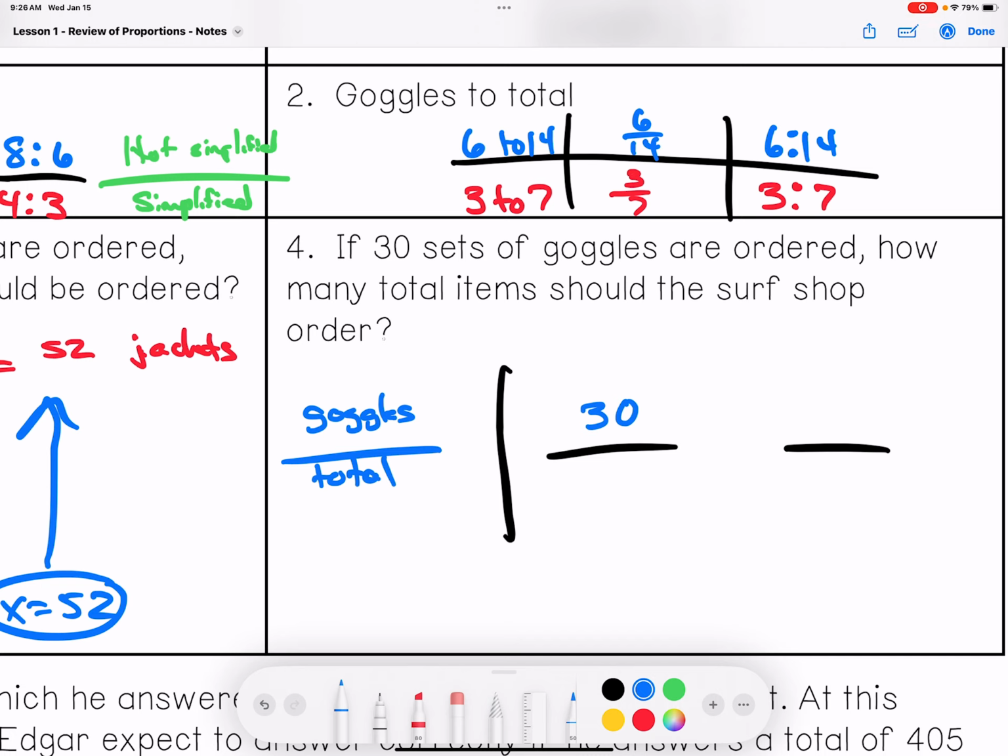The ratio was 6 to 14 originally. We need to know the total. All right. So now what you need to do is find out how they went from 6 to 30. They multiplied by 5. So you're going to do the same thing on the bottom.